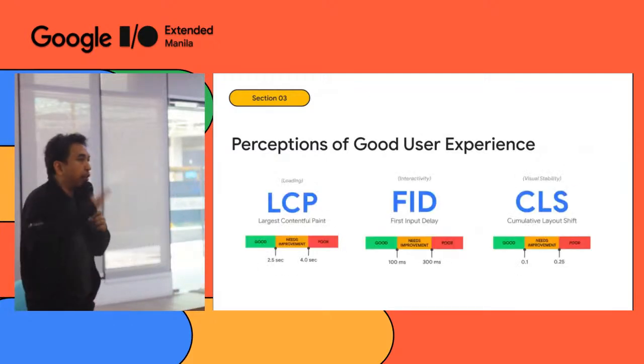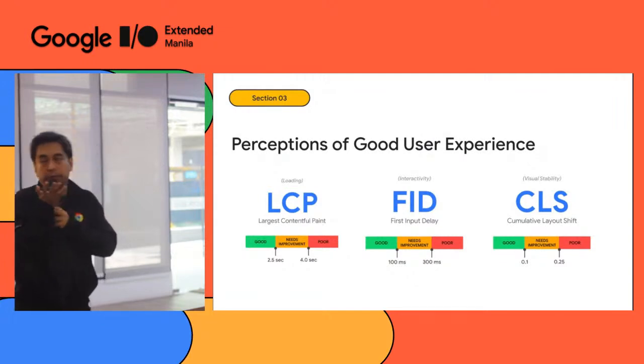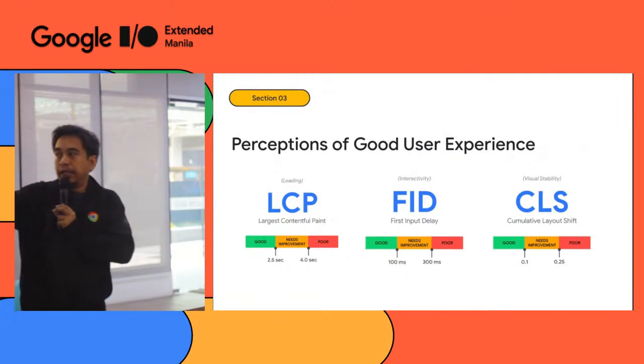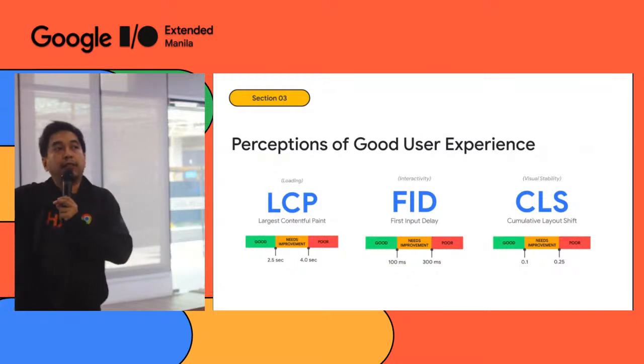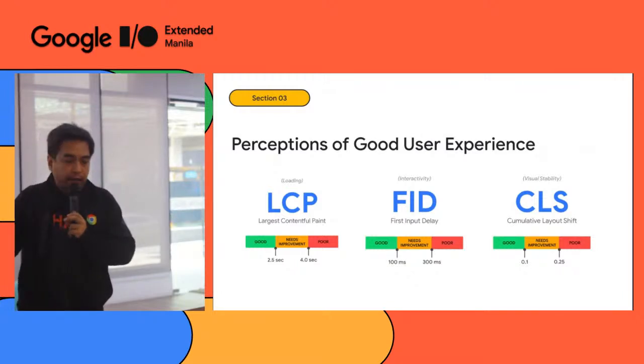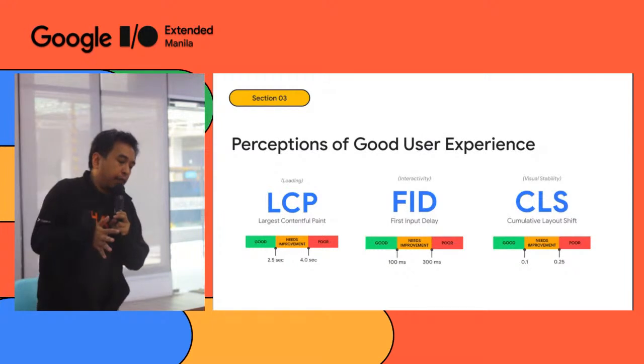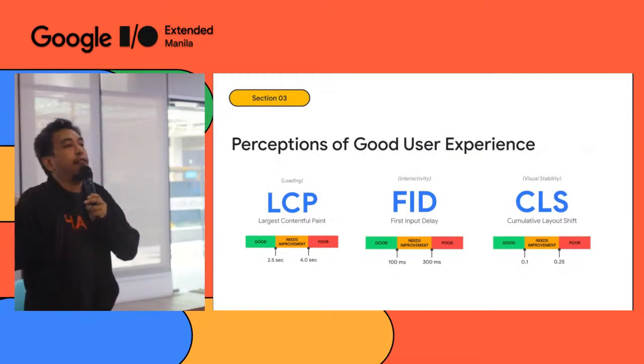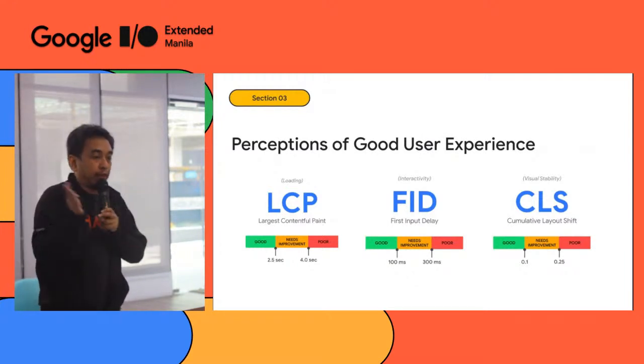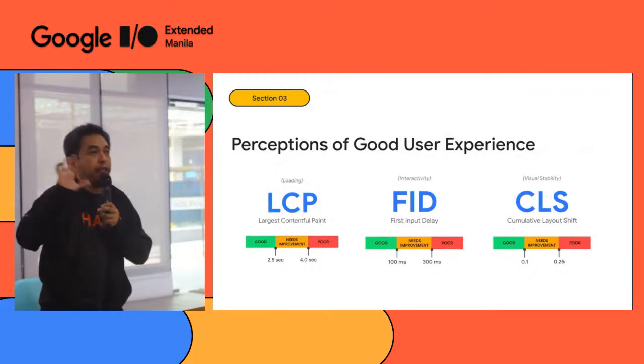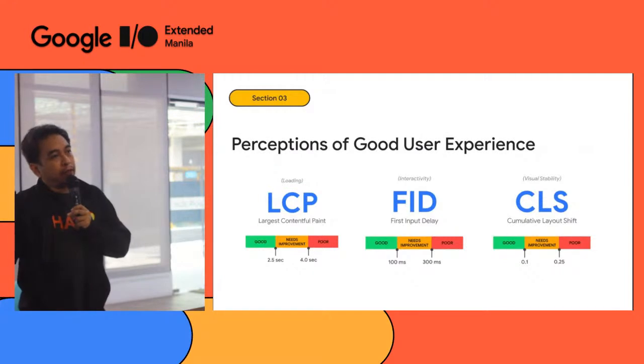Now, if you're going to use Lighthouse, which is meron na sa DevTools natin sa Chrome, we have parang mga thresholds dito where LCP would need you to have 2.5 seconds below, which is good. Needs improvement kapag within 2.5 to 4 seconds. And then very poor kapag 4 seconds above.